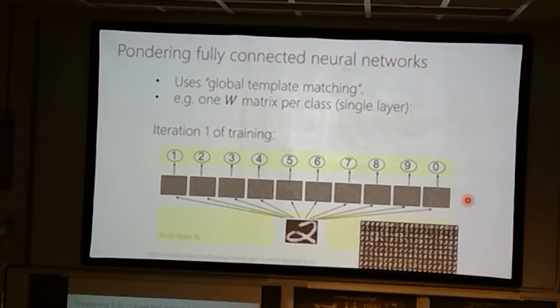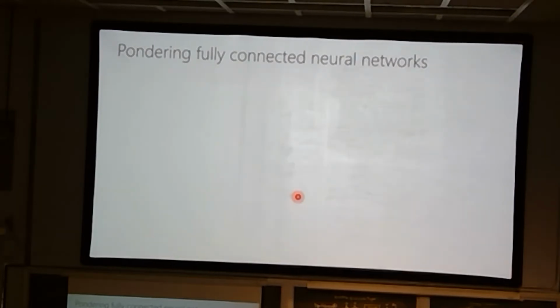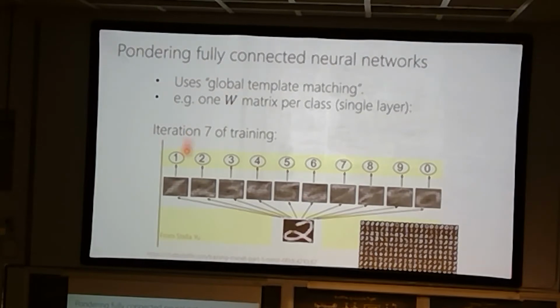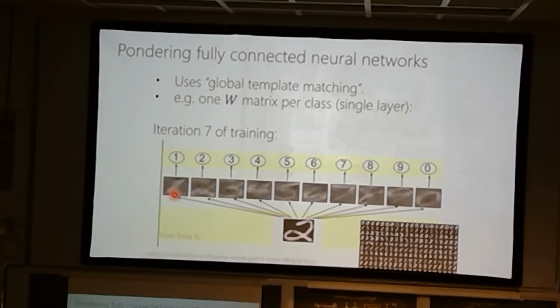Right now it says iteration 1, and as I click it, these are going to change over training. As I get to iteration 7, you'll see that this weight vector is a huge template. You take an inner product with the vectorized image and this weight vector, and if it's high, that tells you it's a 1, or a 2, or a 3. Each of these weight matrices is just an entire number.